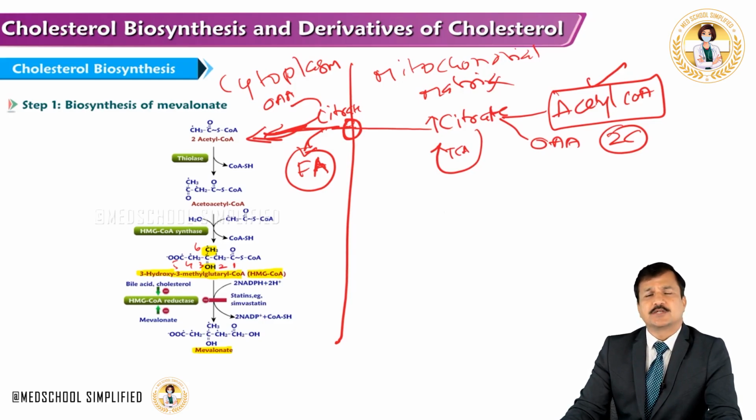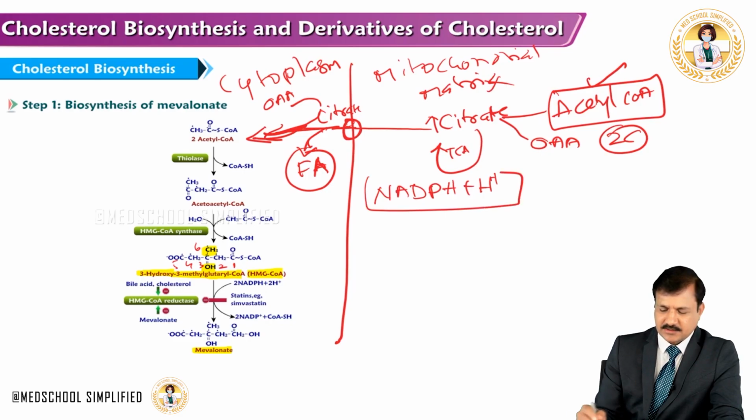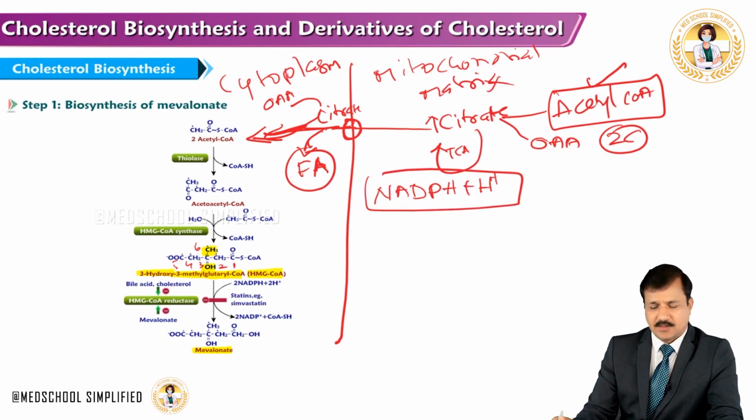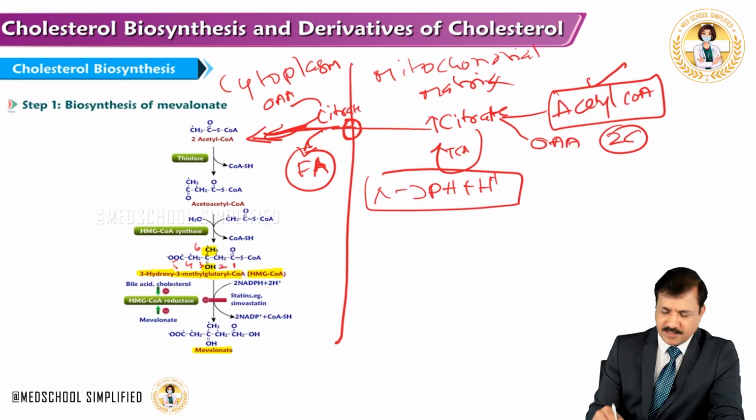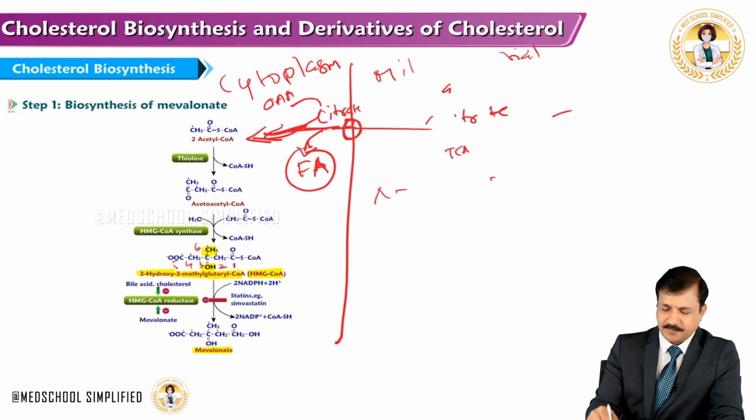Just to recap the sources of NADPH H plus for you. NADPH H plus is coming from, in fact, 5 enzymes. Let me write down all those 5 enzyme names for you. This is just a recap.